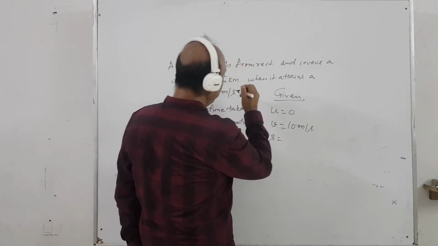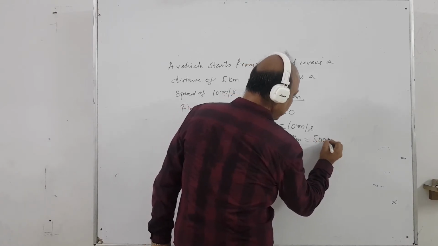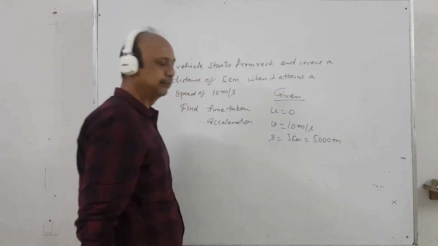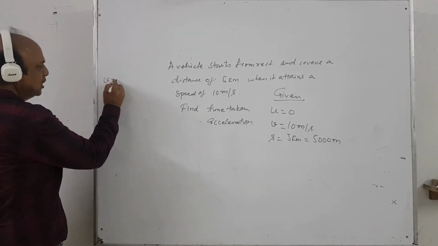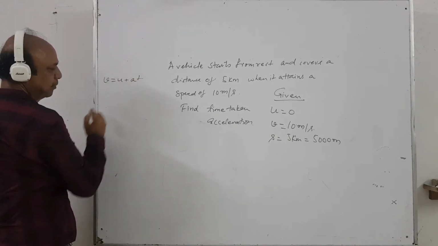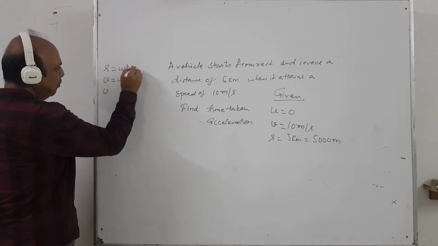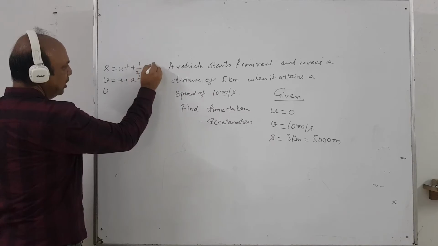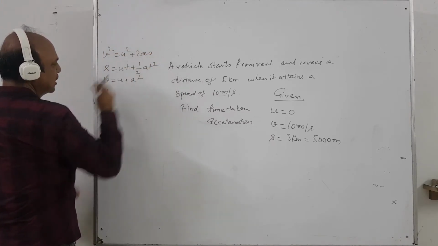S is equal to 5 kilometers or 5000 meters. Remember our three equations of motion. V is equal to U plus AT. S is equal to UT plus half AT square. V square is equal to U square plus 2AS.